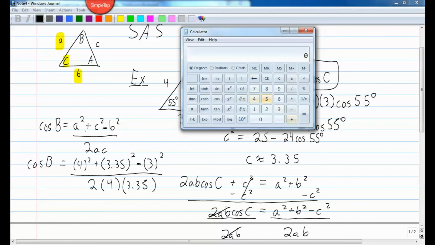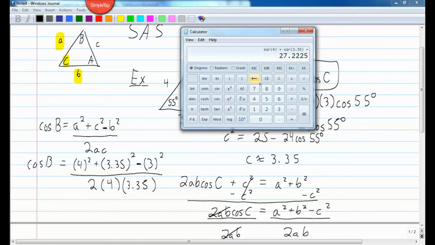I'm going to work out the numerator, then divide by the denominator, and I'll put the whole thing in parentheses. So this is 4 squared plus 3.35 squared plus, actually I want minus.